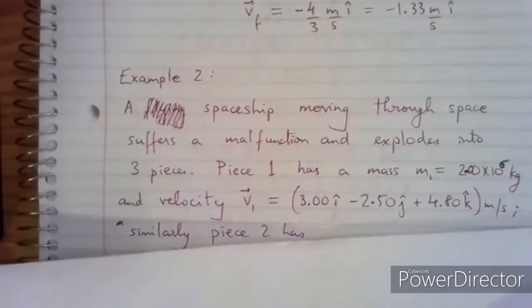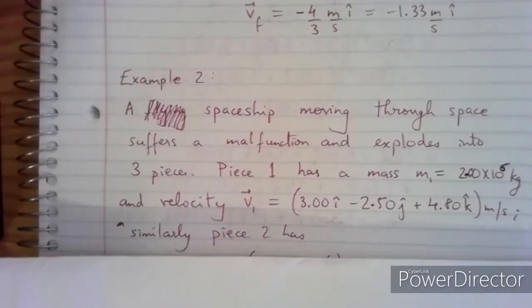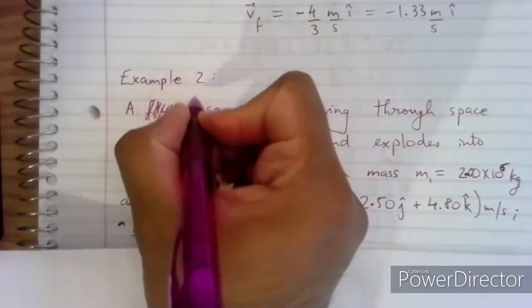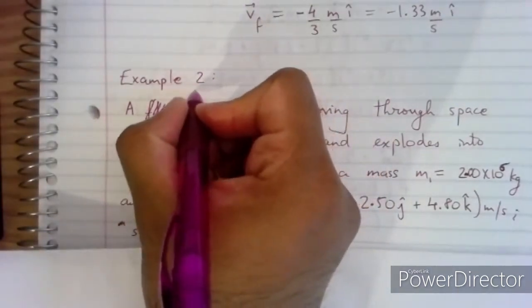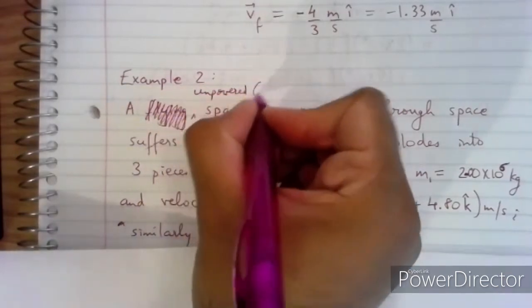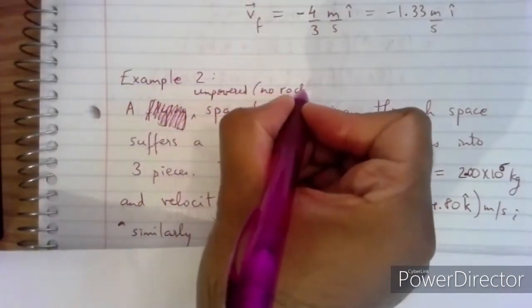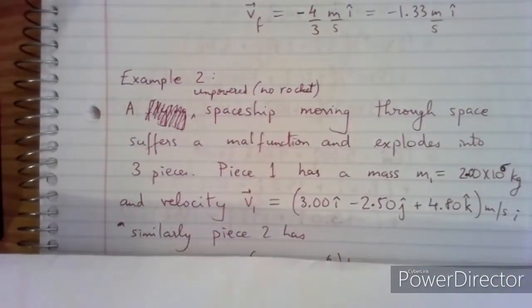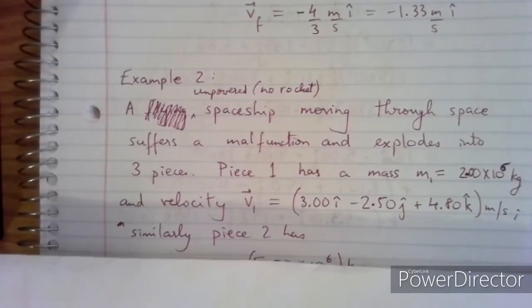In our second example, we have a spaceship moving through space. So it's an isolated system. There are no external forces. I should specify it is currently unpowered, so no rocket, but it has some velocity. However, it suffers a malfunction and explodes into three pieces.